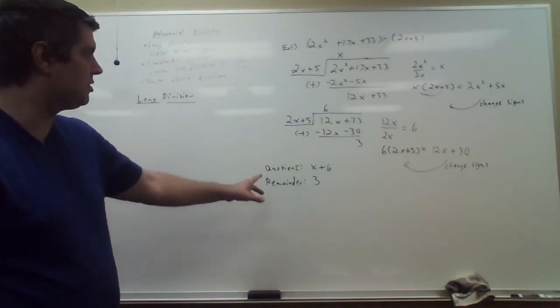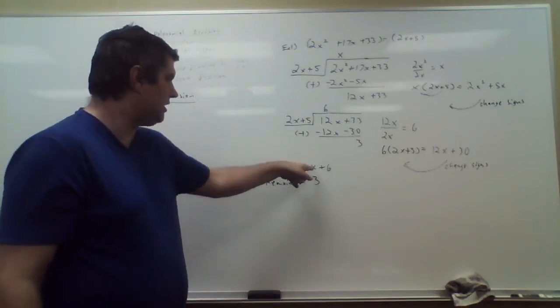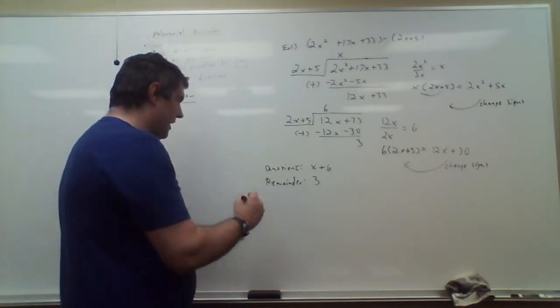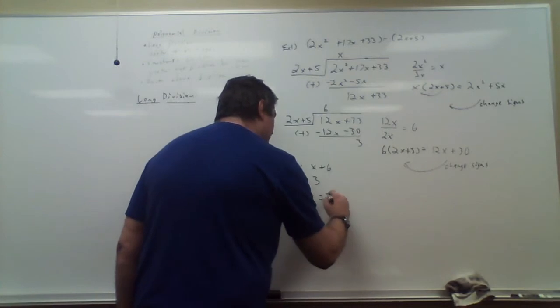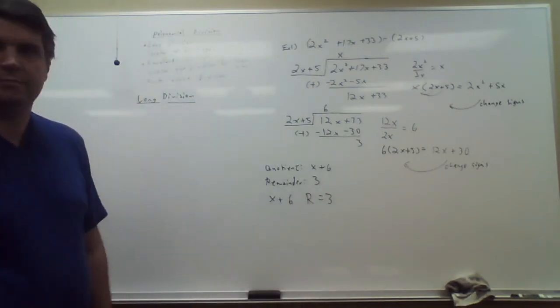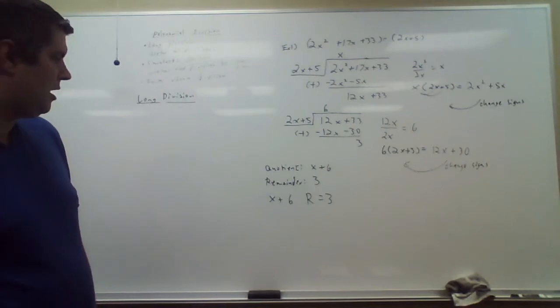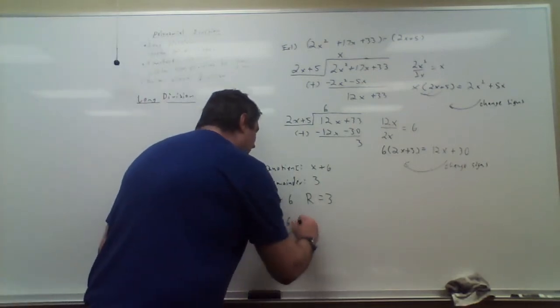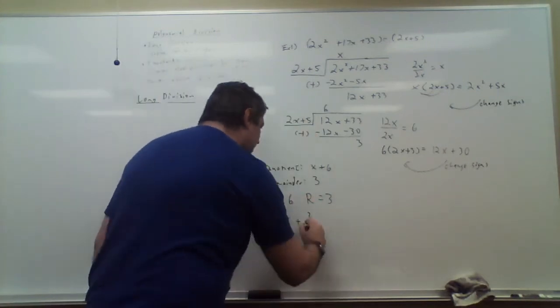Okay, so some books only expect you to write down x plus 6 for the quotient and remainder. Some will prefer this notation. x plus 6 remainder equals 3. Others will prefer x plus 6 plus the remainder over the divisor.